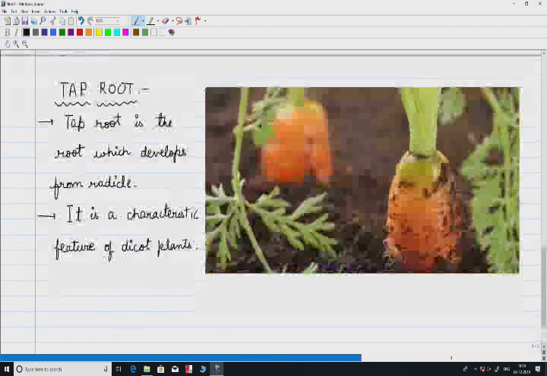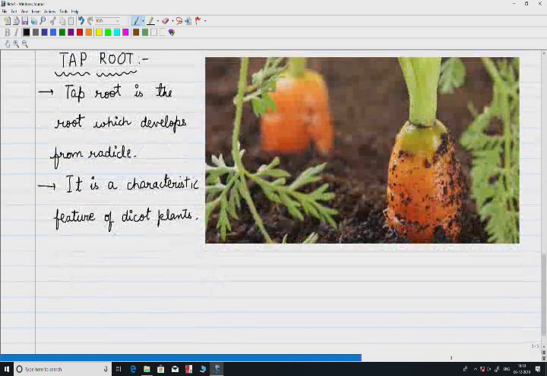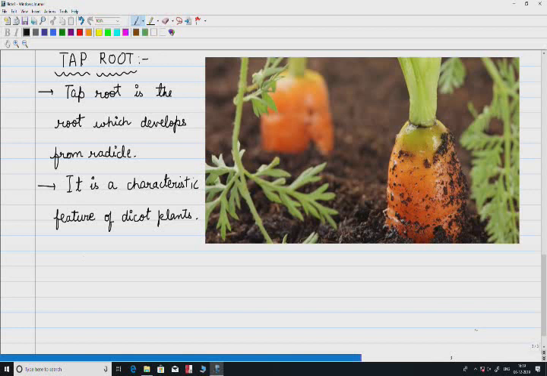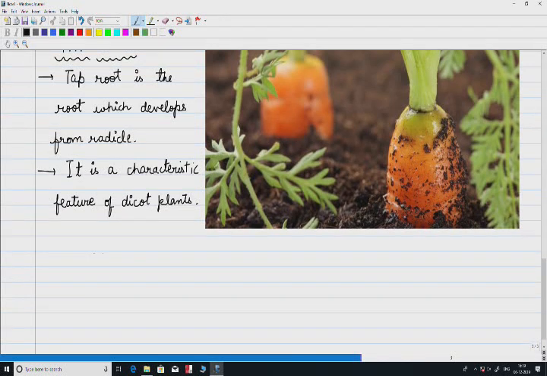Right? Taproot is a characteristic feature of dicot plants. And you can write, it develops from the radicle. So basically it is the first plant organ.